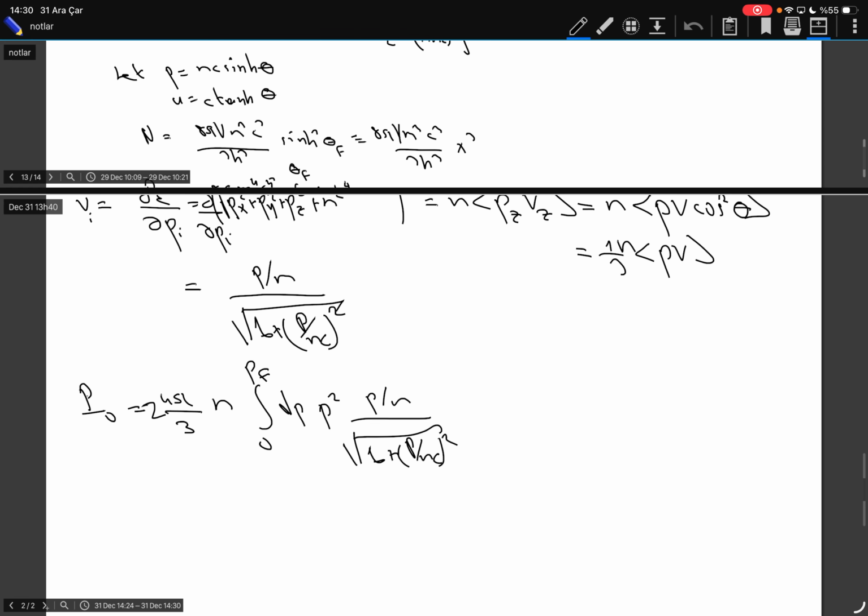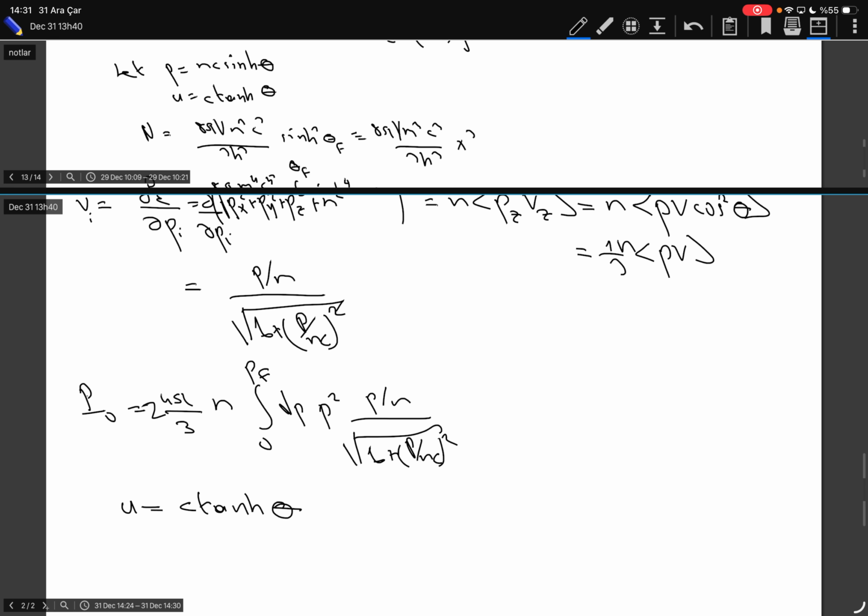Now, I will skip how you evaluate this integral. I will skip some steps. Typically, what we do is we define u as c times tangent hyperbolic theta. Velocity is just like a rotation angle in a boost, but an imaginary rotation angle.